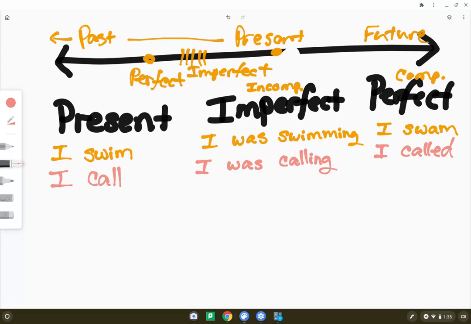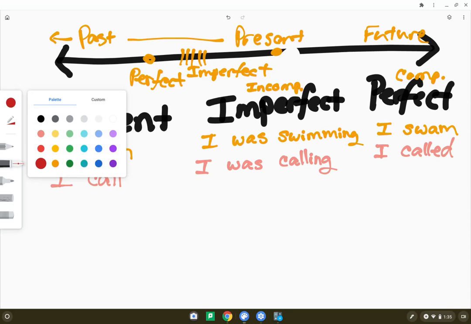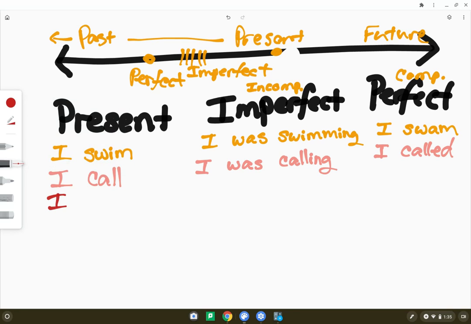Because with I was calling, maybe I was interrupted, but if I say I called, the action is now complete. Let's do another good one. Let's do hear. I hear. Now, what about the imperfect? I was hearing. And then the perfect tense, I heard.